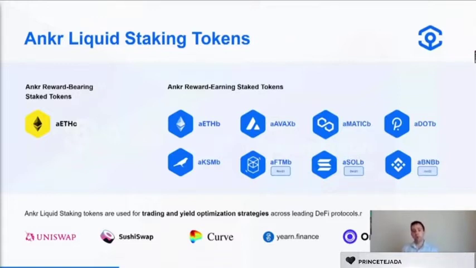Rebasing tokens make it a little bit easier for users to understand how much rewards they get. If you hold ETHB, which is a reward-earning version of our staked tokens, you will see the balance in your wallet increase over time.